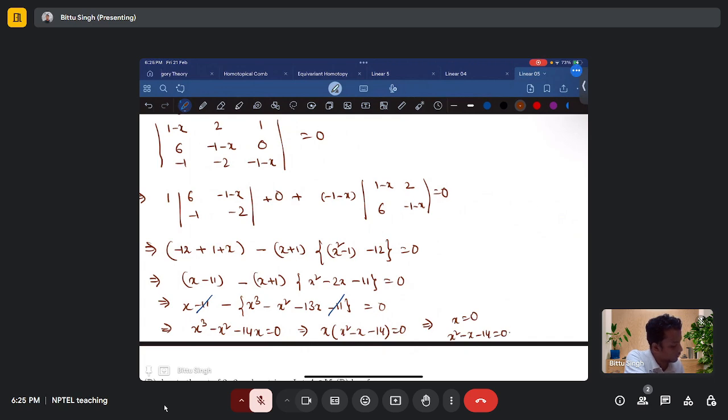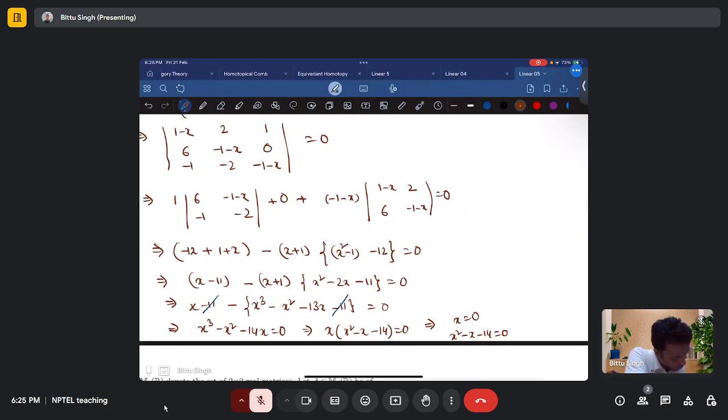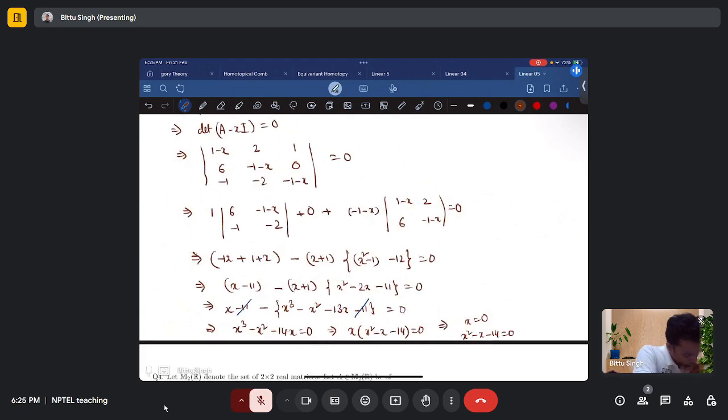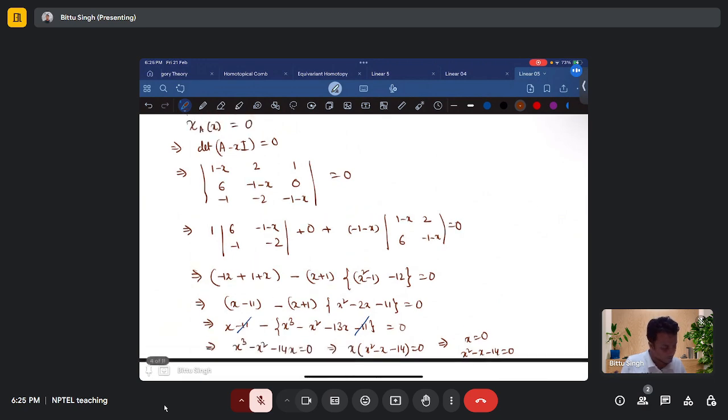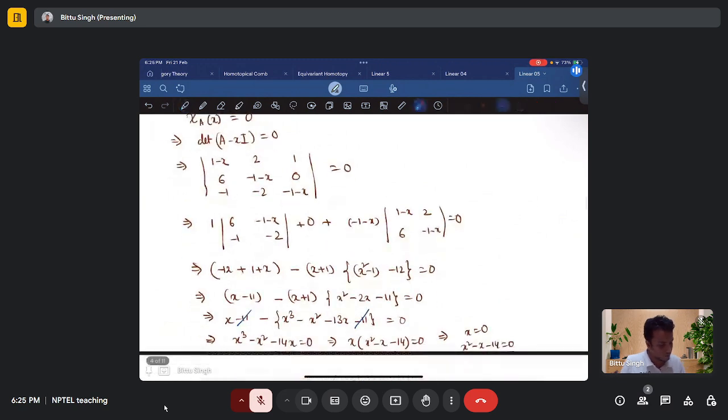But if you factorize this, is it okay? x cube, x square plus x minus 1. There is some mistake. Yes. Okay, so let me check my calculation.